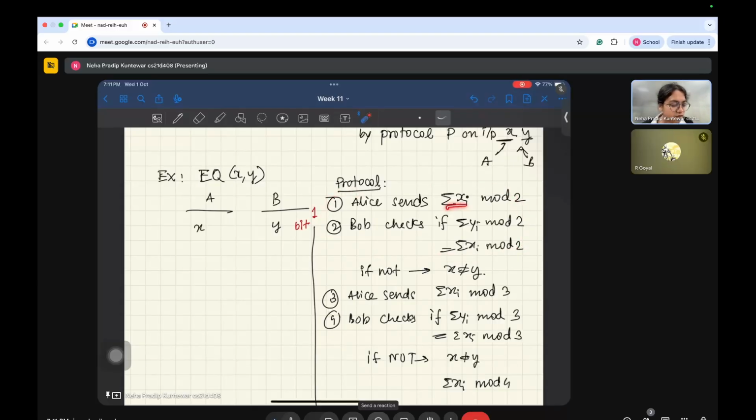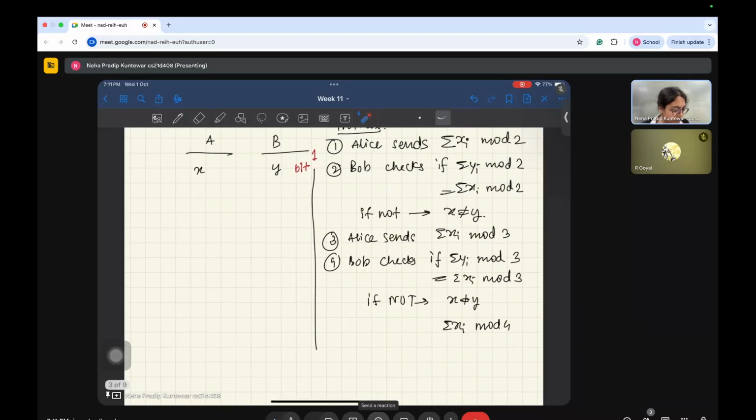And even if the parity is the same, but it gets detected in the next step, then we have only spent some 2 bits as of now. But the problem is that in the worst case it may end up taking a lot of bits. So in the worst case, how much will this take?